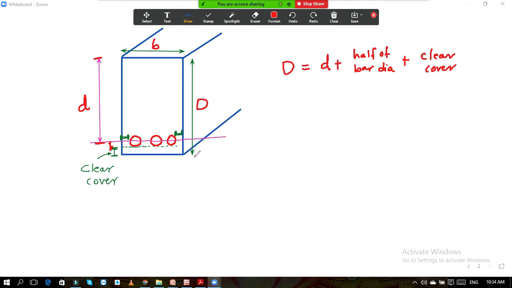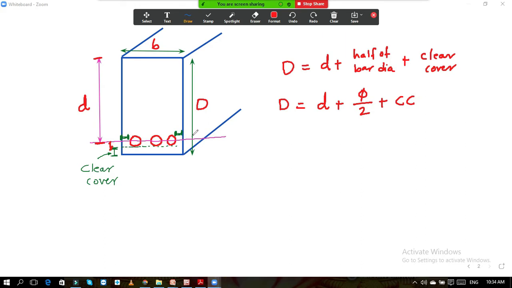So overall depth D is equal to effective depth plus phi by 2, where phi is the diameter of the bar, plus clear cover, whatever it may be, 15 mm, 20 mm, 25 mm. Now note down these points.